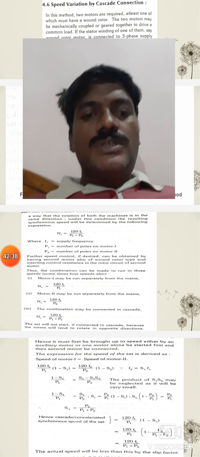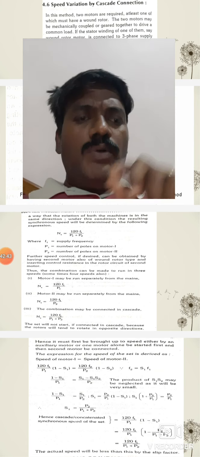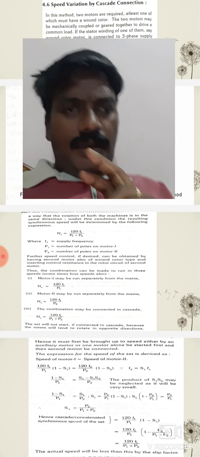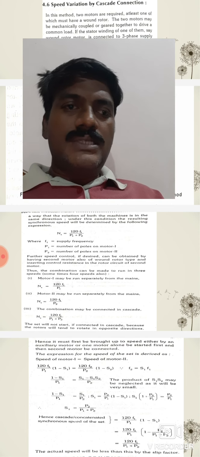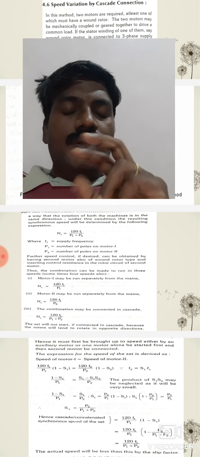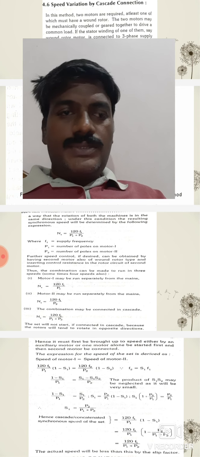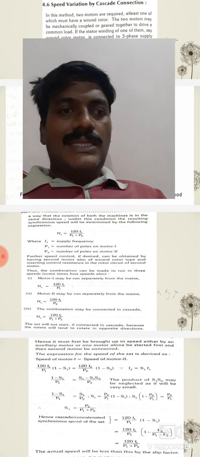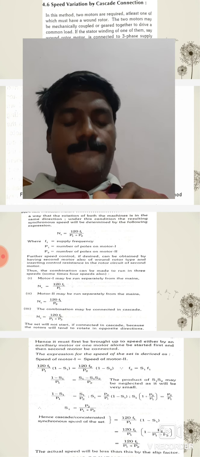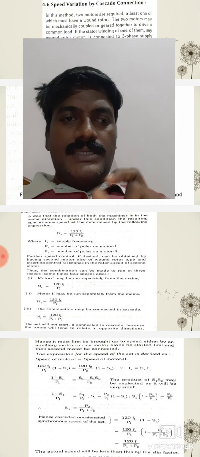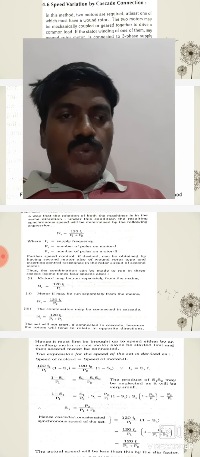Right? So this is a very important method, that is the cascade method. You have to remember one important thing: it requires two motors. One motor is a wound type, another motor may be a squirrel cage or slip ring. And by using this method we get two speeds, depending upon the number of poles, right? And the third important point is never consider the same number of poles. P1 must be different from P2.